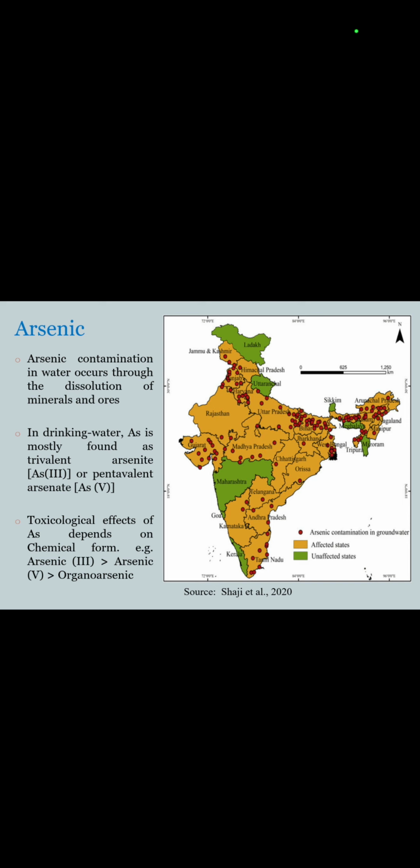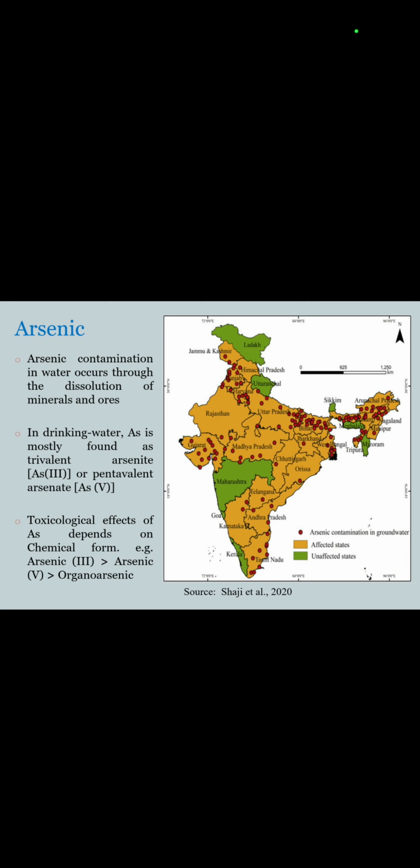The permissible limit is the limit set by the Bureau of Indian Standards and also by WHO, the World Health Organization, which sets a limit such that if the drinking water has levels beyond it, it is not fit for consumption. The WHO and BIS limit for arsenic in drinking water is 10 micrograms per liter.